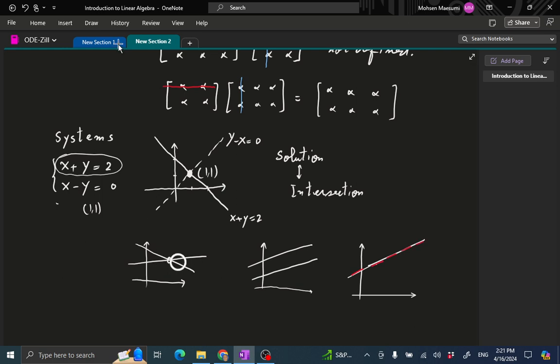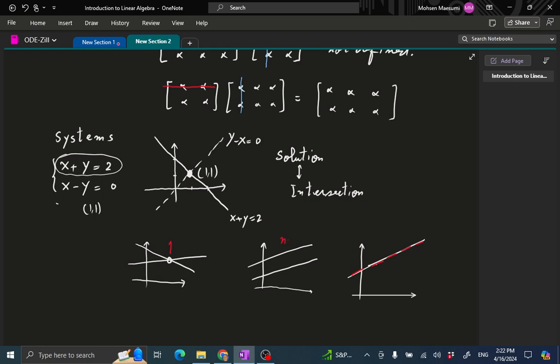So either the two lines intersect at one point, or they don't intersect at all, or every point on them is an intersection. If we count how many solutions the system has, here there is one solution.